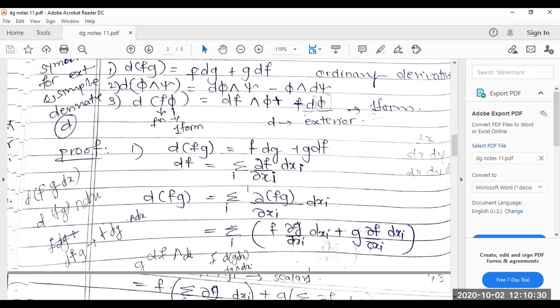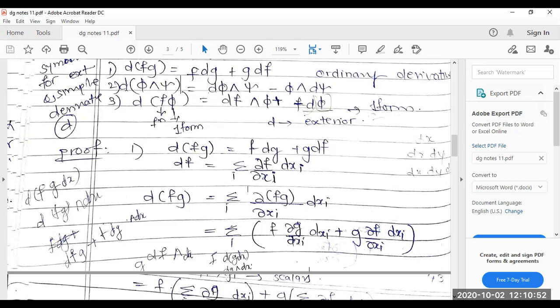In the second property, instead of one function and one one-form, we have two one-forms. So that's why you can apply the second property for the third property. Instead of evaluating for two one-forms, we have one function and another is a one-form. So you can see the expressions are similar, just with this change of sign.